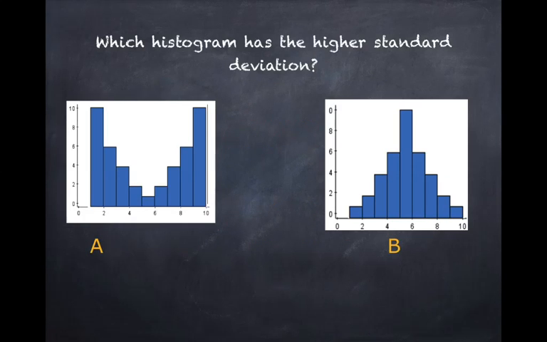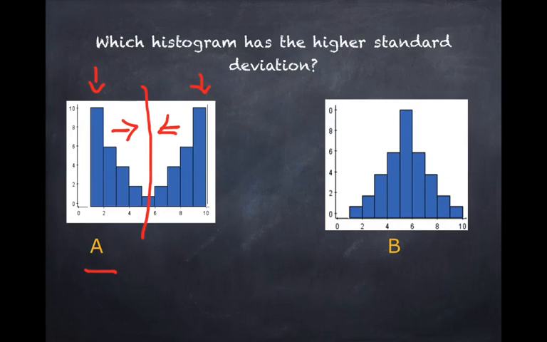And so let's take a look at these two histograms here. Both of them are symmetric. We would like to know which one has the higher standard deviation. Just by looking at them, what you want to look for is where the high peaks are located from the center. Let's take a look at A. If you notice, the high peaks for A are at the ends, and they're far away from the center.